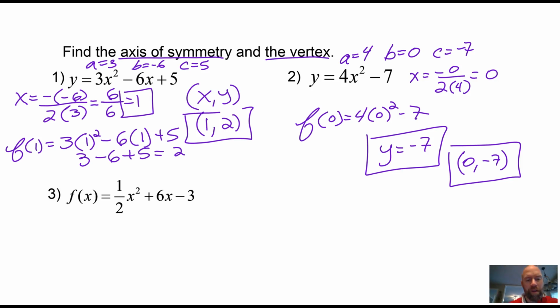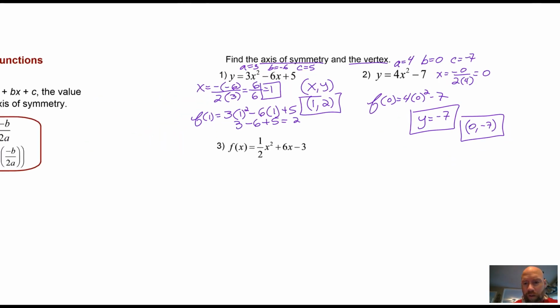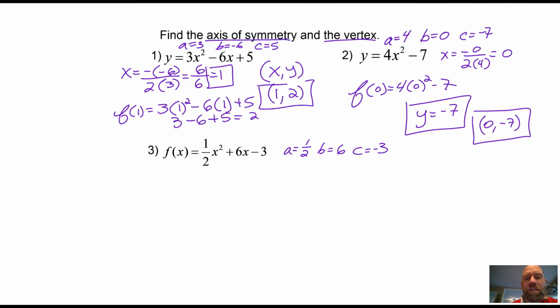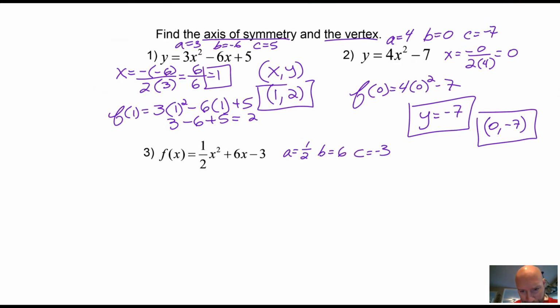All right, number 3. For number 3, I've got A is equal to 1/2, B is equal to positive 6, and C is equal to negative 3. My axis of symmetry is located at x is equal to negative b over 2a.